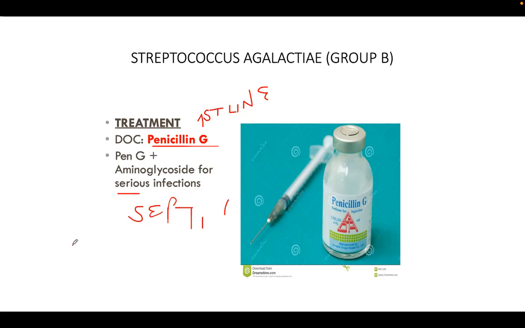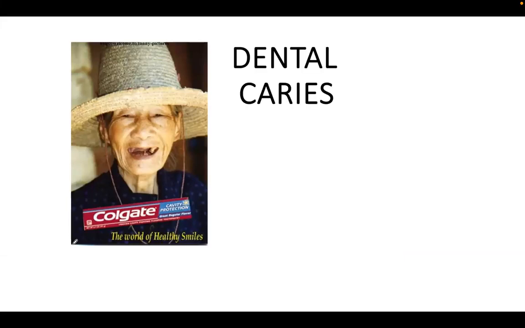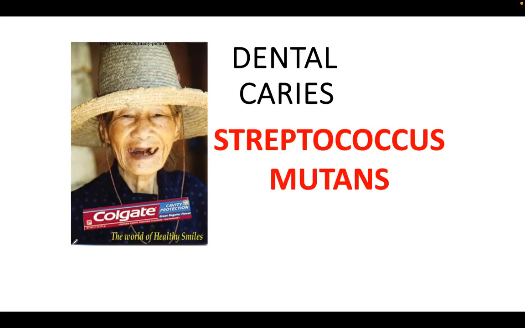Now, I want everyone to remember when it comes to dental caries, what is the streptococci aside from viridans, which is notorious for causing dental caries? Okay, it is Streptococcus mutans.